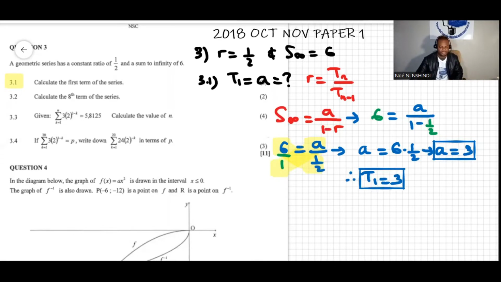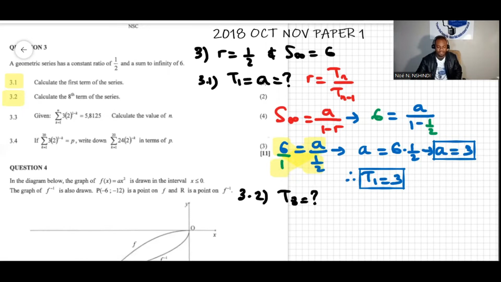The following question is question 3.2. The question says calculate the eighth term of the series. Well, now that we know the first term, we can find Tn. Let me first write the question here. 3.2, we're looking for T8.